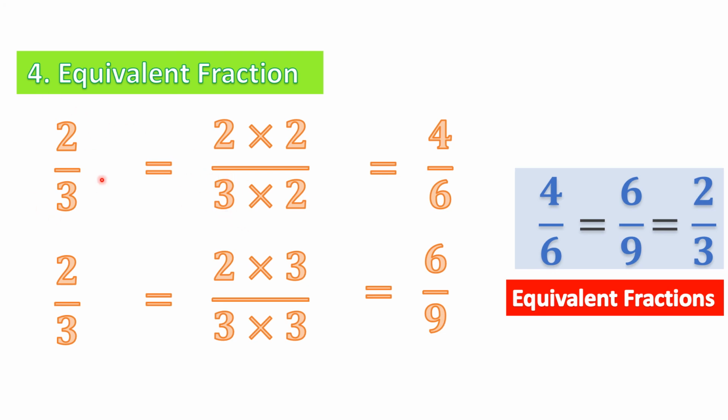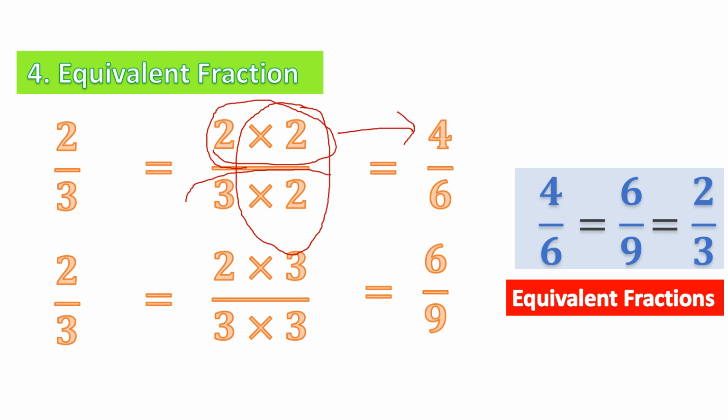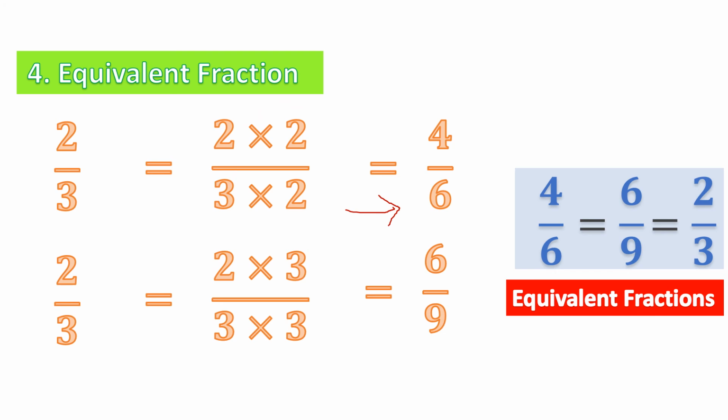I have multiplied both the numerator and the denominator of 2 by 3 by 2, right? So after multiplication, what do I get? 2 into 2 is 4, and 3 into 2 is 6. So that is what I get. 4 by 6. Now look at 4 by 6 carefully.